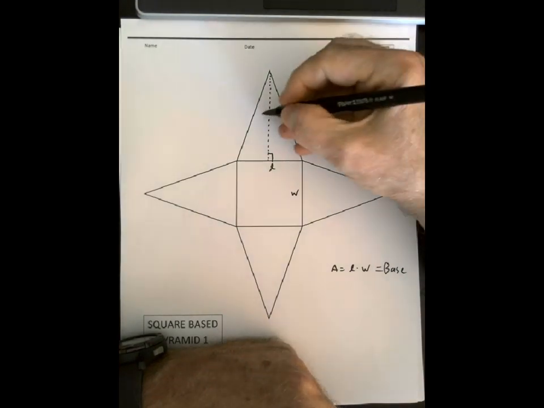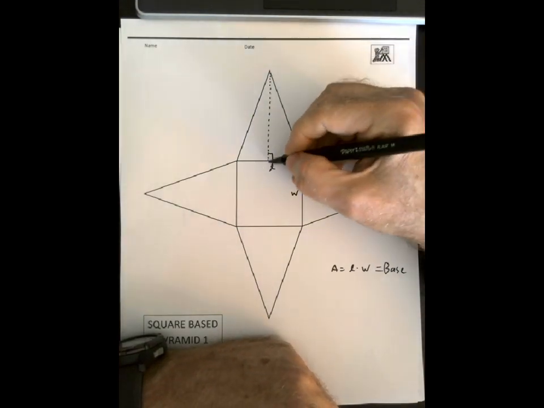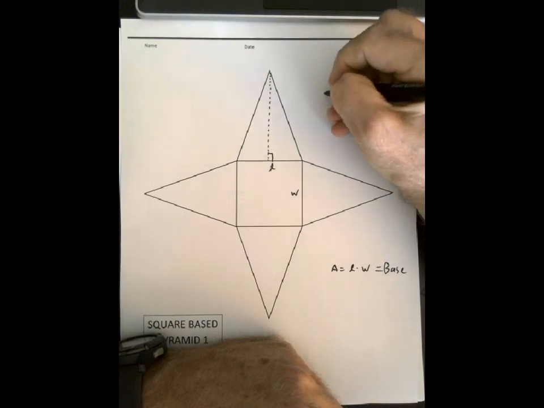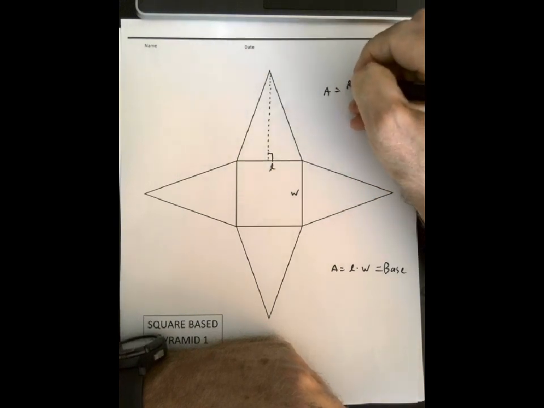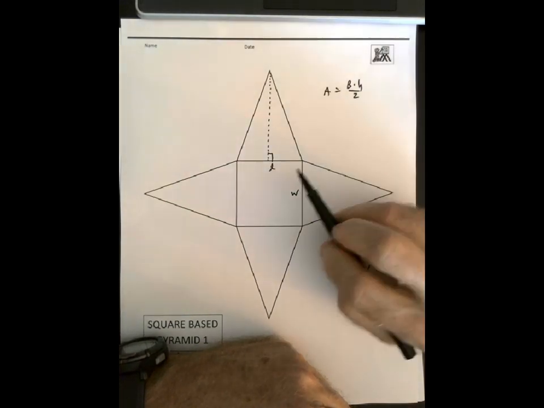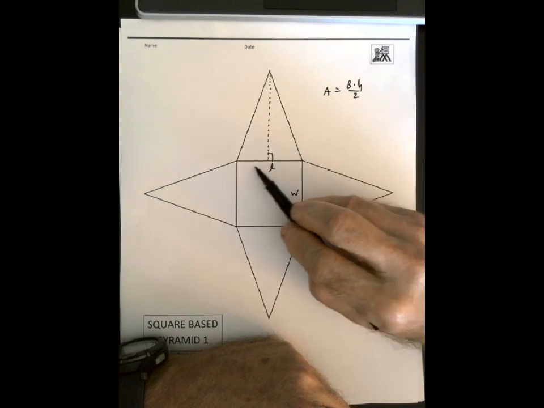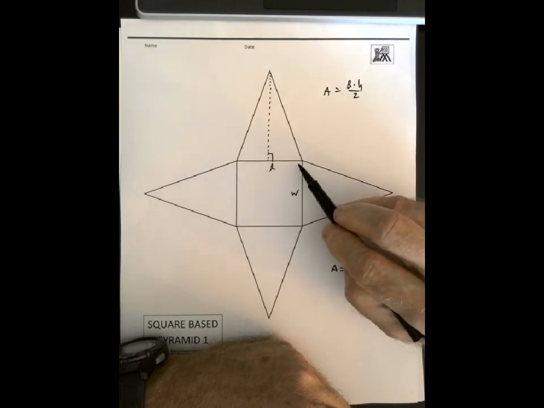Now, we need the area of the triangular sides. For a triangle, the area is always base times height divided by 2. For this triangle, the base is also the side of the square.